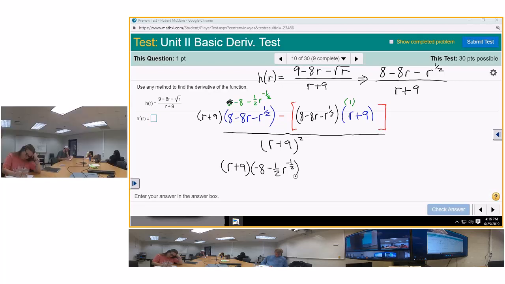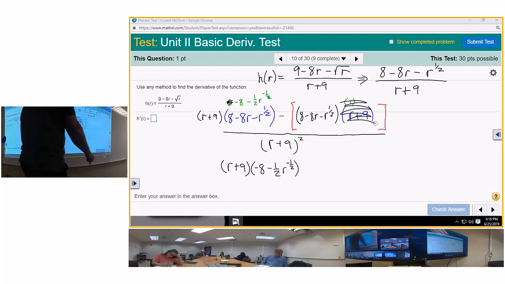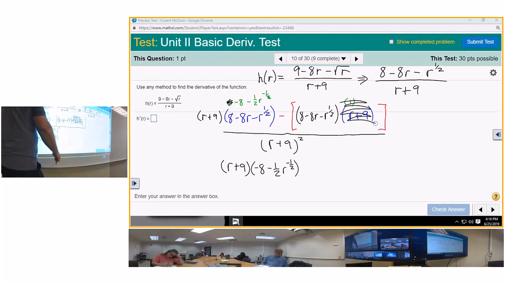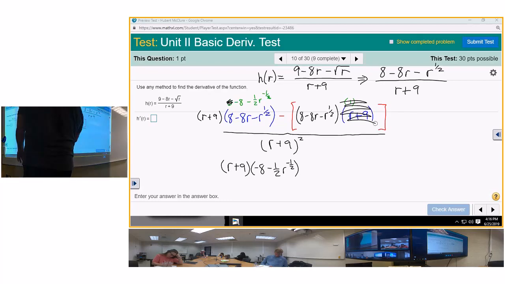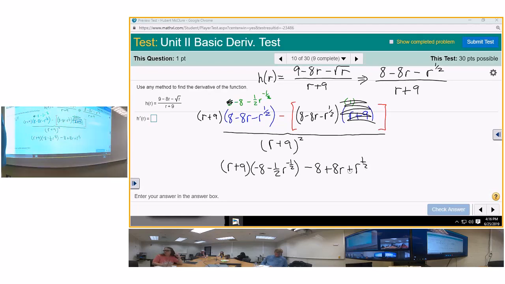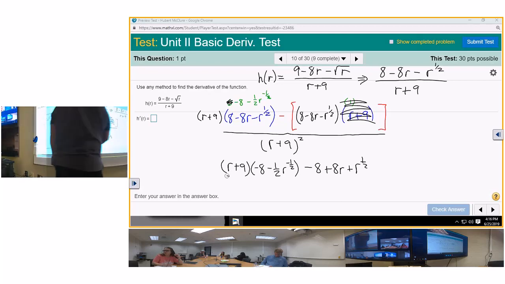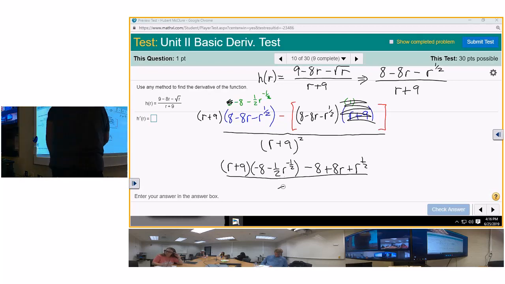I'm not worried about this. Why? Because it's 1. So I'm just going to go ahead and distribute this. So that's going to be minus 8 plus 8R minus R to the 1/2 power. That'll be a plus.